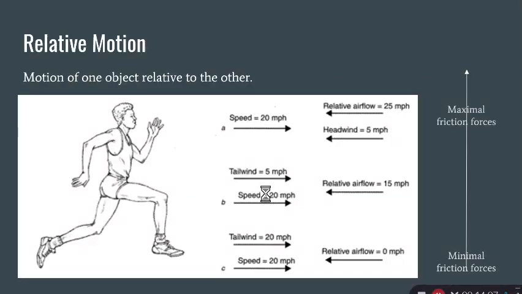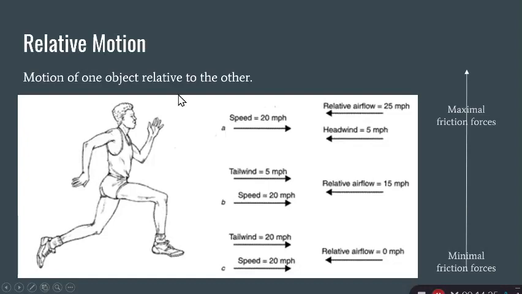Now we can think about how drag affects us when we move in terms of relative motion. Okay, and relative motion, again, refers to the motion of one object compared to another. So for example, if I'm running, we might have wind or something that's pushing us around, either in front of us or behind us.